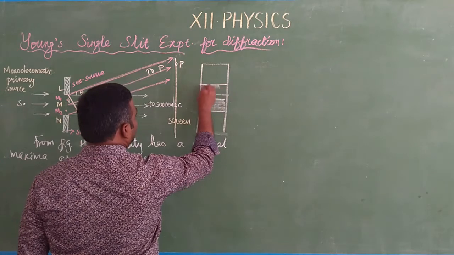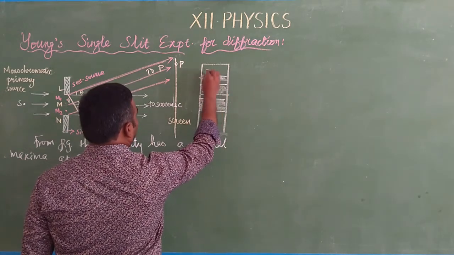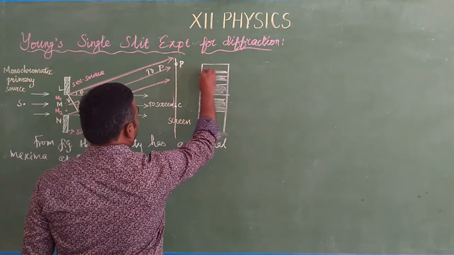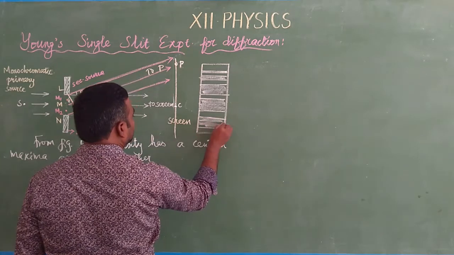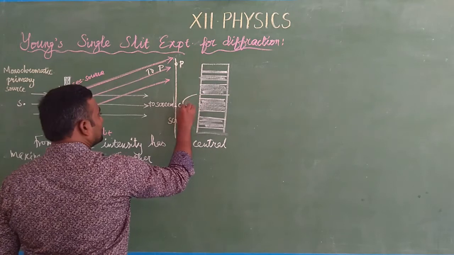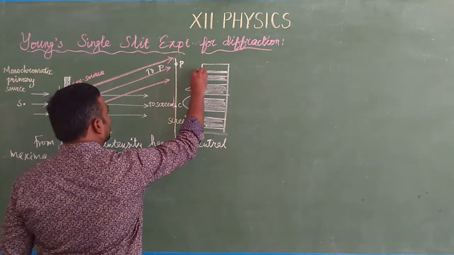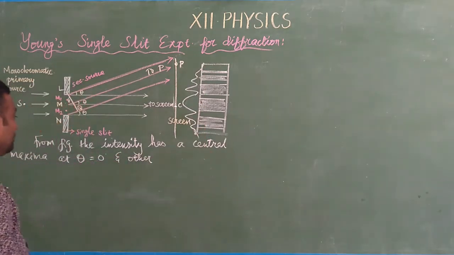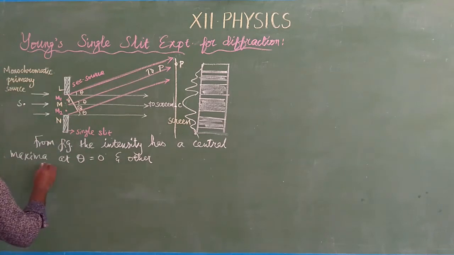On either side it reduces. As it goes further, it reduces more, and it keeps going like this. So here also maximum. So we get maximum, minimum, like this, and it goes on. Okay?